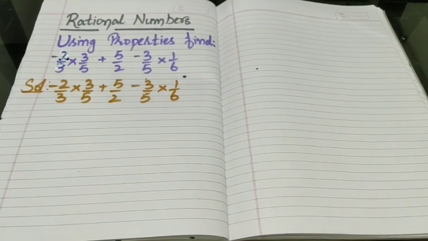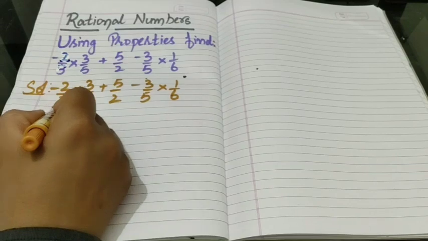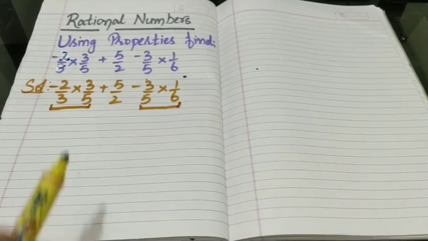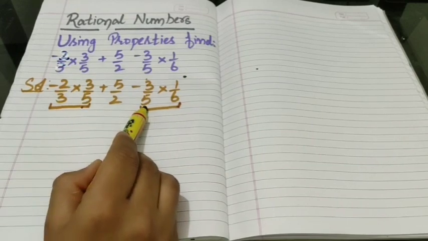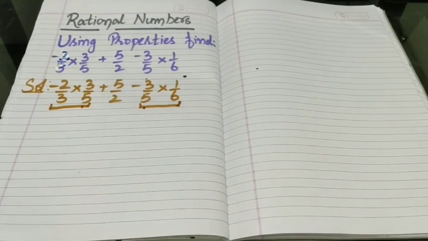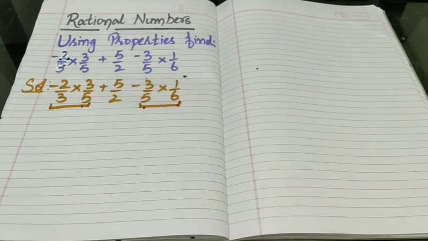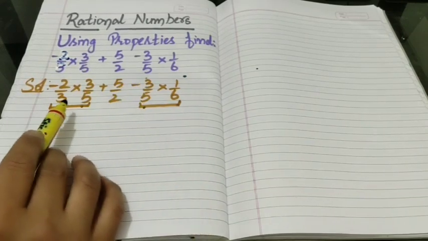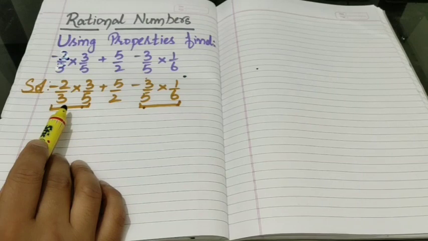As we can see, these two terms have 3 upon 5 as the common element. And using distributive property, we can take 3 upon 5 common. But to take 3 upon 5 common from these two, it is essential that they should be written together, one after the other.